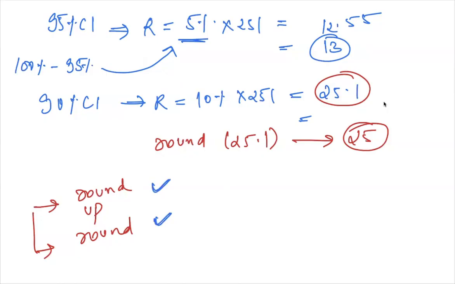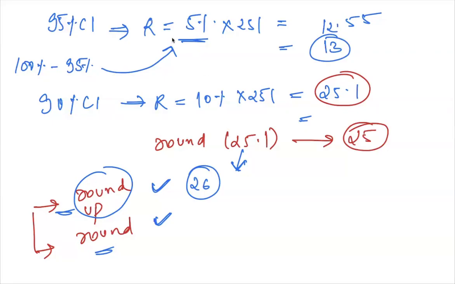I generally take the round up, so the round up of 25.1 will be 26. You can consider either approach, but for both you need to justify why you are taking it. So I'd say just take the round up.